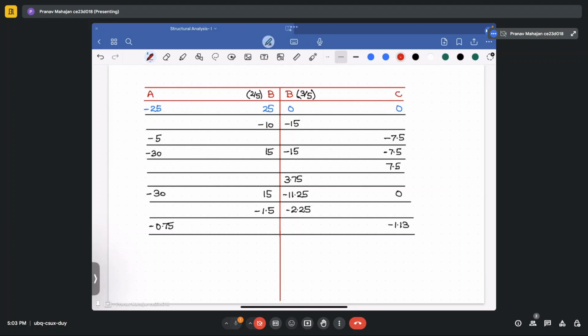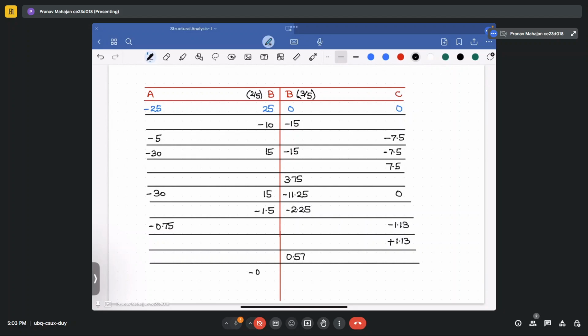So how we will remove that? I'm not adding now. I will directly solve the problem. So if I add this 1.13, it will give you the value here as 0.57. Okay. Now, if you distribute the value, what you will get? You will get minus 0.23, and this is minus 0.34.